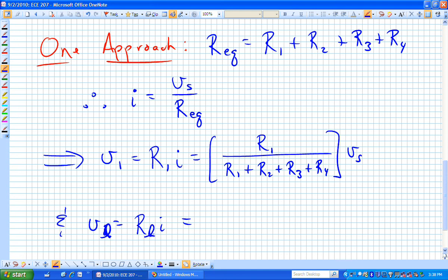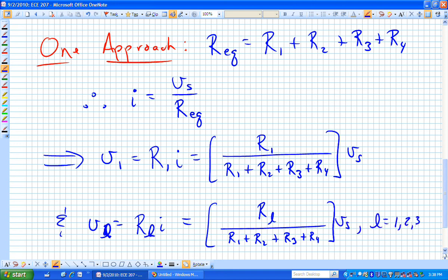Penmanship. R sub L times I, where we now have R sub L all over R1 plus R sub 2 plus R sub 3 plus R sub 4, times V sub S, where L is any of those values, 1, 2, 3, or 4.